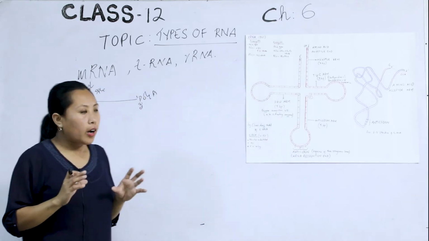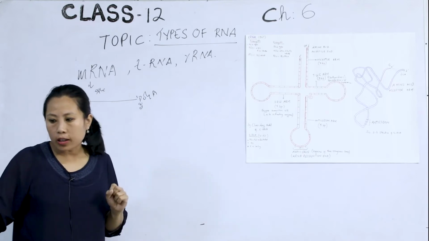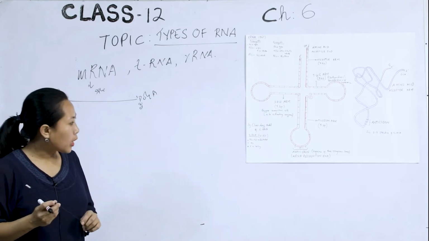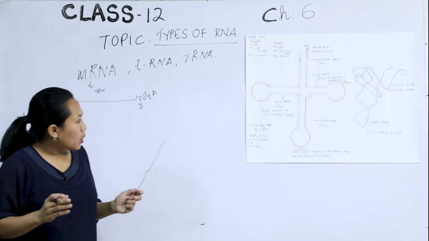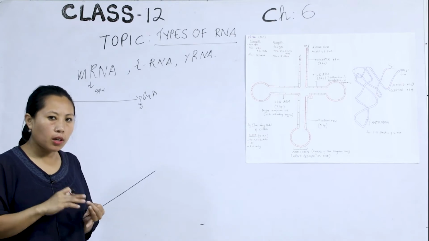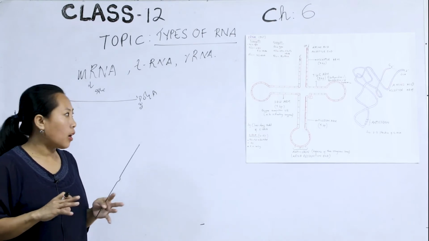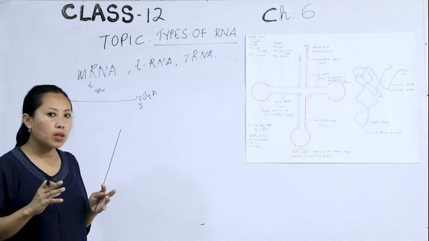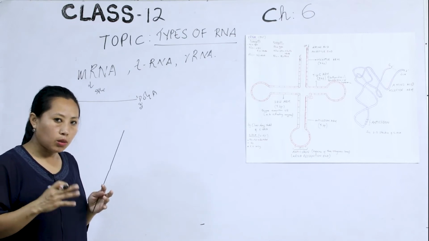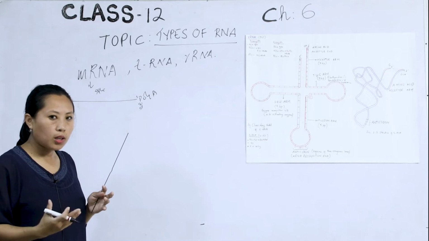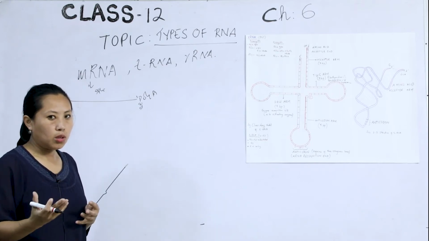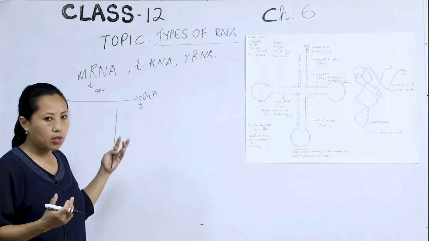The next type of RNA is the transfer RNA, also known as tRNA. All these types of RNAs, be it messenger RNA, tRNA, or ribosomal RNA, are synthesized from the DNA, and they undergo processing and folding to give rise to the tRNA, the ribosomal RNA, or the messenger RNA.